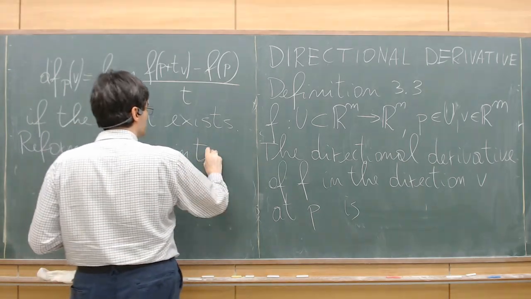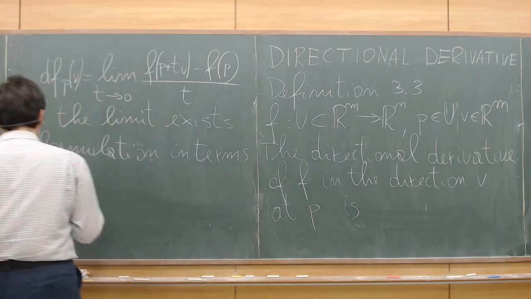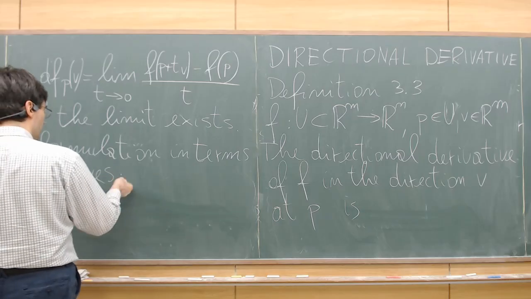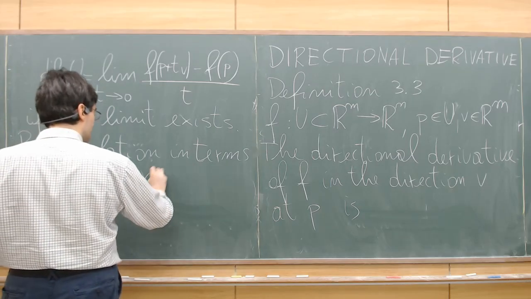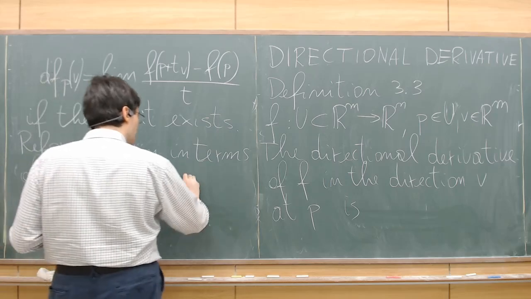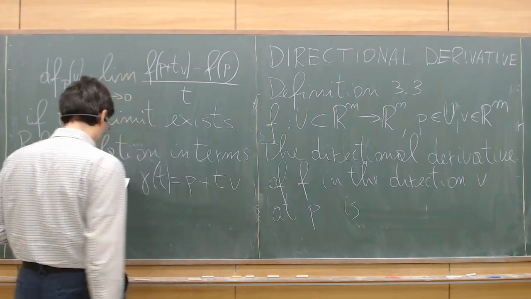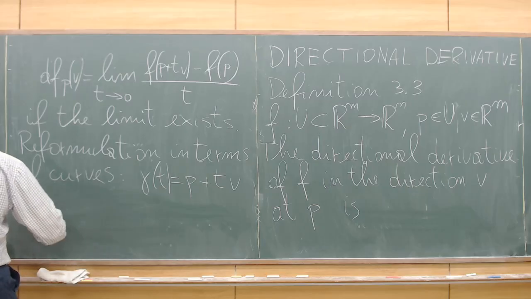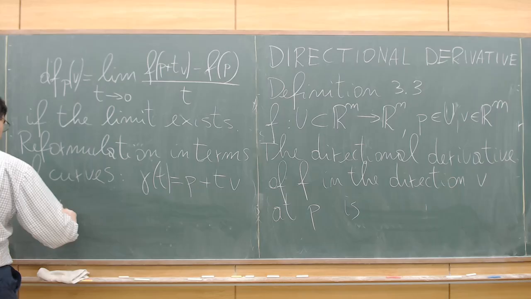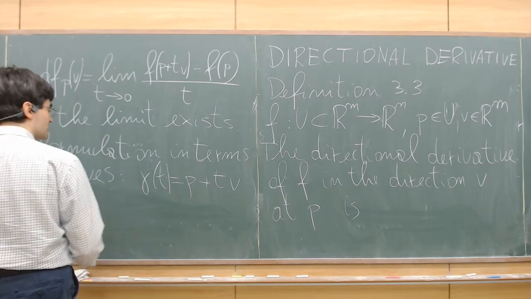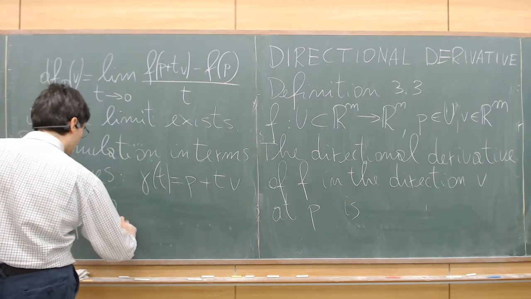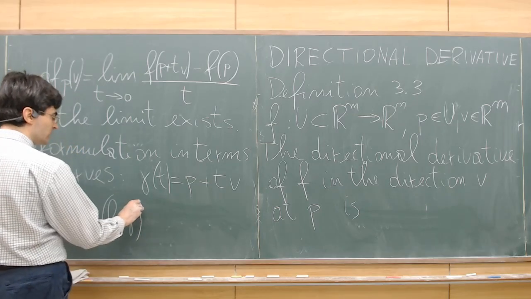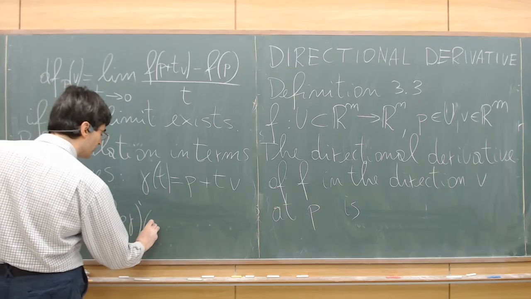Precisely, if we set gamma(t) to be P + tv, then dF_P(v) can be defined as the composition of F and gamma, of which we take the first derivative and evaluate it at 0.